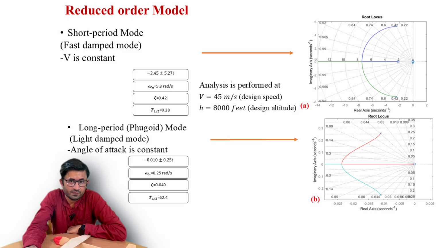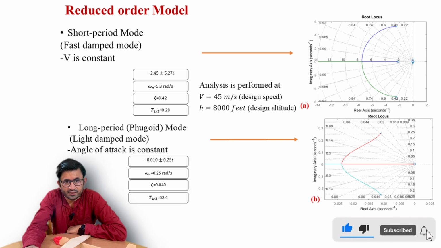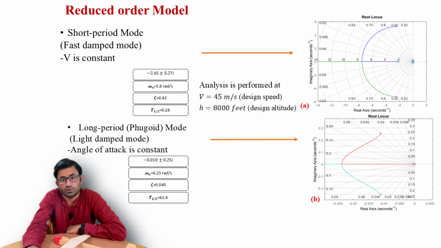The root which is closest to the origin you will call the Phugoid mode, and the root which is a little far or far away from the origin will be called the short period mode. We know that if a root is far from the origin, that means omega is more, frequency is more, damping is more. So this root will have more frequency and more damping ratio, and we term it the short period mode: fast, highly damped.